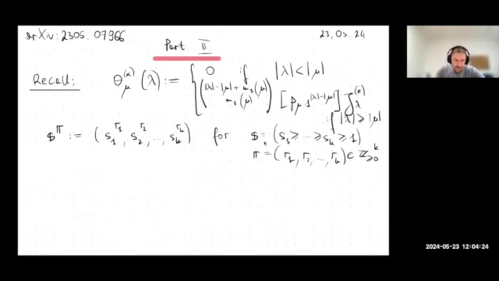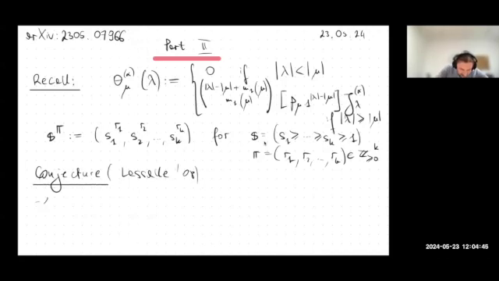And the main problem that we would like to solve is a conjecture. This conjecture was given by Lassalle in 2008. The conjecture says that this Jack character, if we normalize it, is always a polynomial.